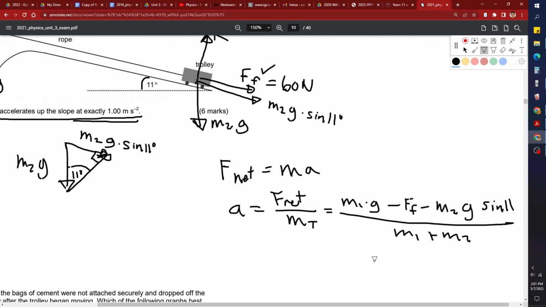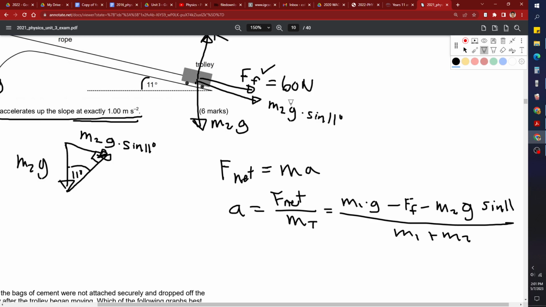Okay, so again, it's just net force equals mass times acceleration, rearranging this formula so that we can solve for acceleration due to all the forces that we add together. And in this case, it's the force of the counterweight minus the friction force and minus the force acting on the trolley in the direction of the slope.